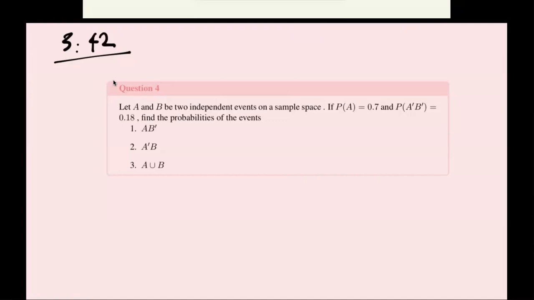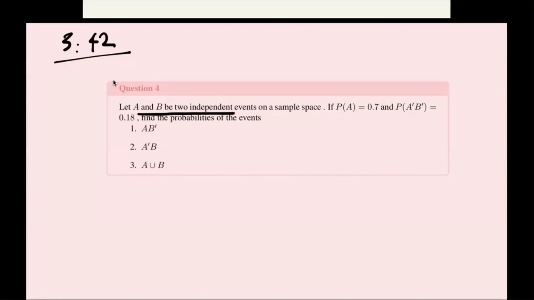And it also means that if you know some information about B complement, then it does not increase or decrease the chance that A happen. Therefore, it does not increase or decrease the chance that A complement happen as well. Therefore, A complement and B complement are also independent.